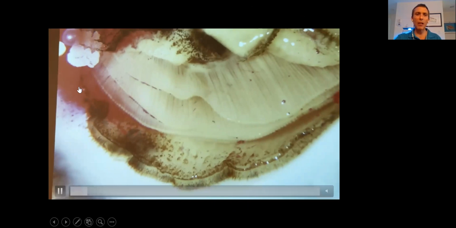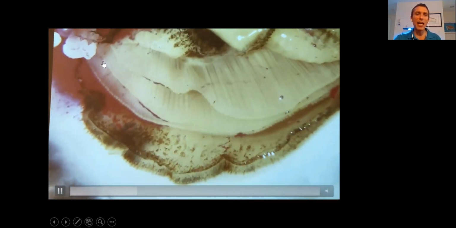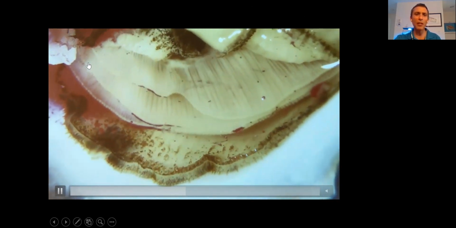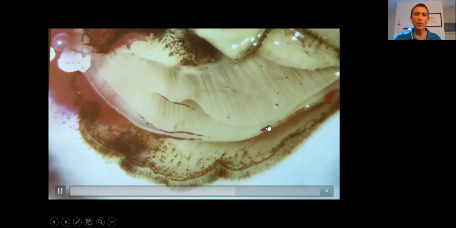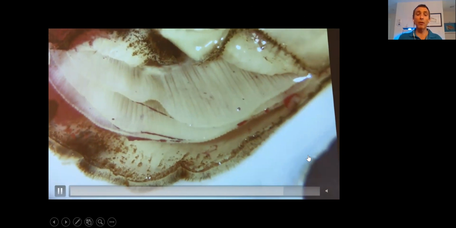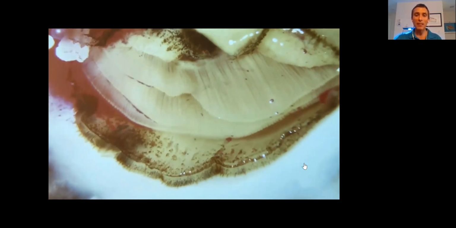So watch here, we've got a cloud of red dye over here, and you'll see the oyster actually sticks to that dye with its gills. The particles over here are getting gathered together into clumps, and those clumps are then being pushed all the way to the right side where the oyster's mouth is. That conveyor belt is how oysters take microscopic algae particles out of the water and move them into their mouth.